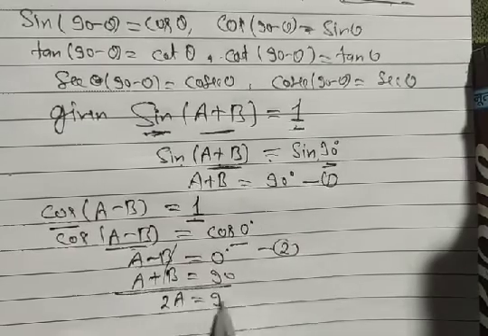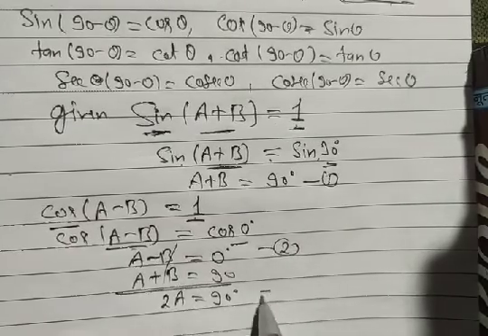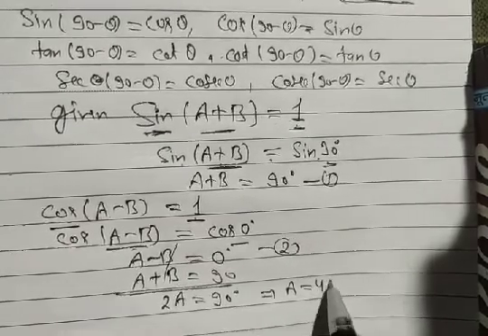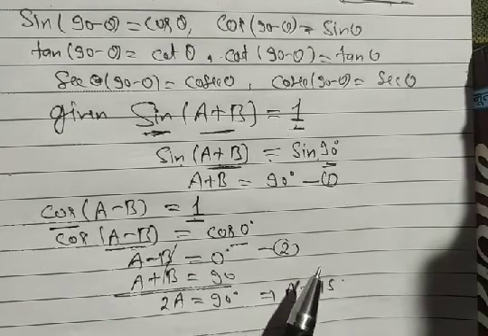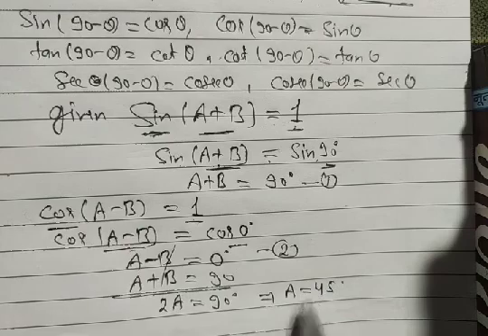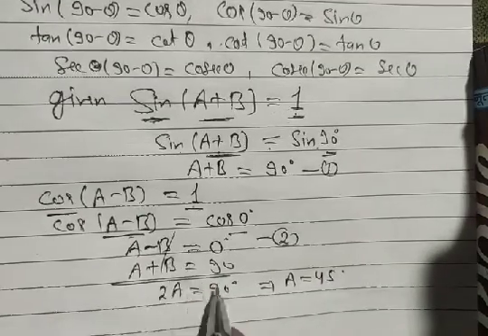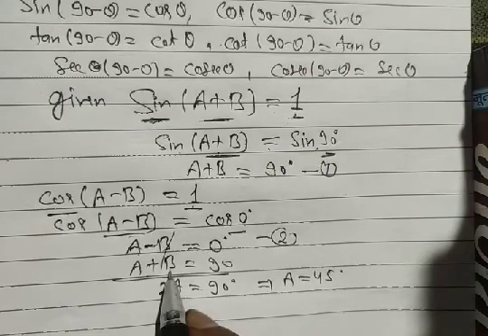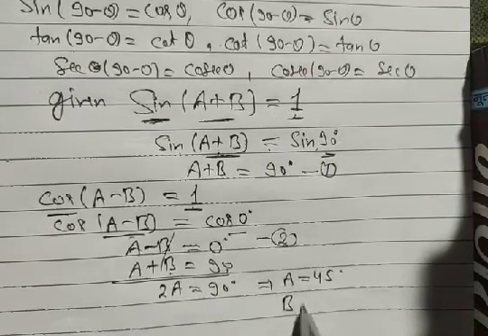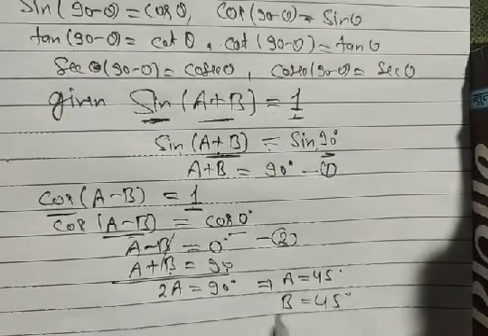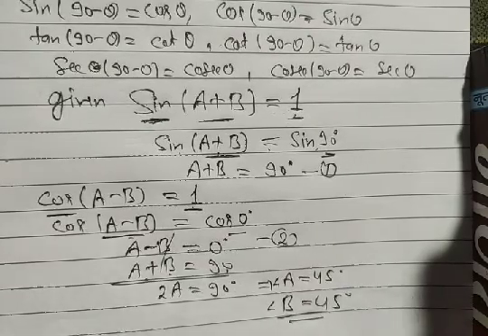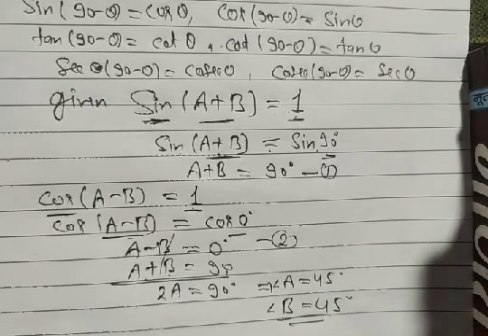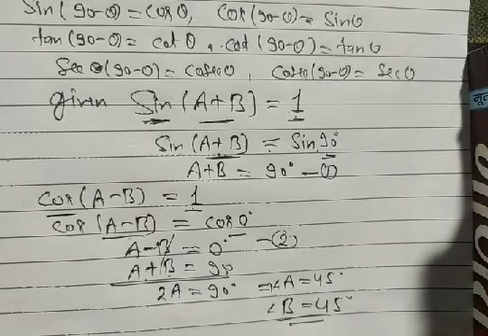Then 2a is equal to 90 degrees, so a is 45 degrees. Putting the value of a in any equation, 45 plus b equals 90, so b is also 45 degrees. Angle a is 45 degrees, as well as angle b.